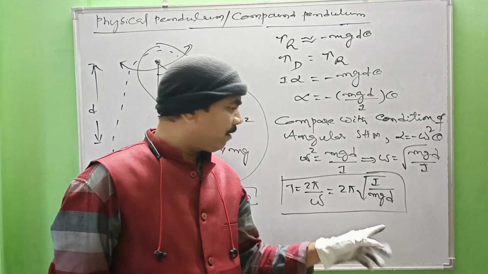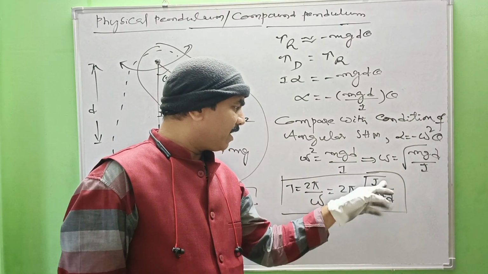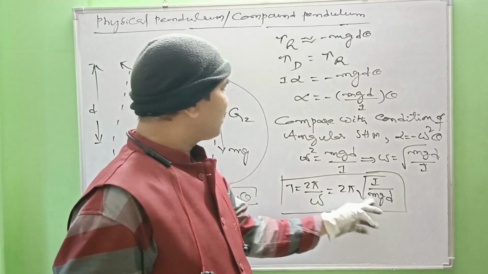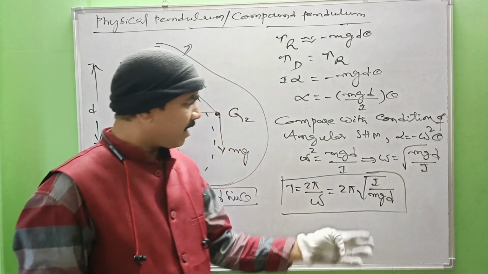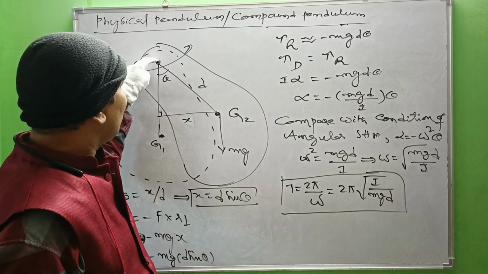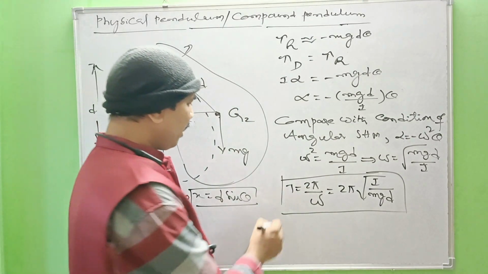For a simple pendulum, T equals 2 pi into root over L by g, but here it is root over I by mgd, where I is the moment of inertia, m is the mass of the rigid body, g is the acceleration due to gravity, and d is the distance of the center of gravity of the rigid body from the hinged point. That's what I want to say, right?